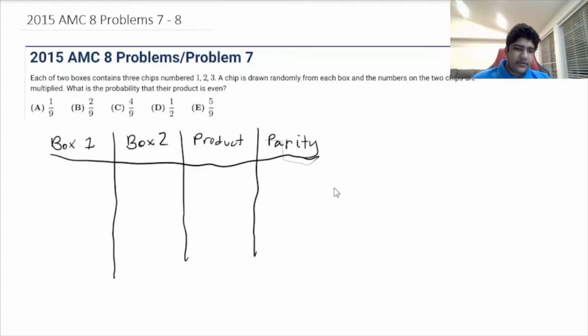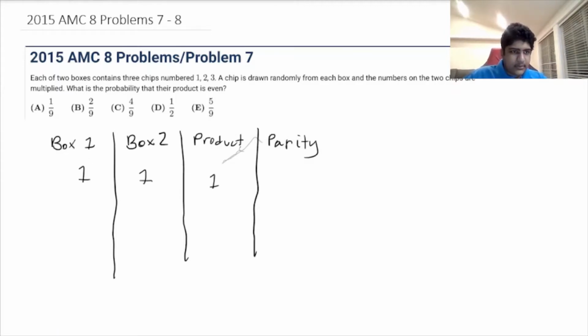Well, let's do a few draws. Let's say we get a 1 from box 1, a 1 from box 2, then the product is going to also be 1, which is odd. Let me just redraw that line.